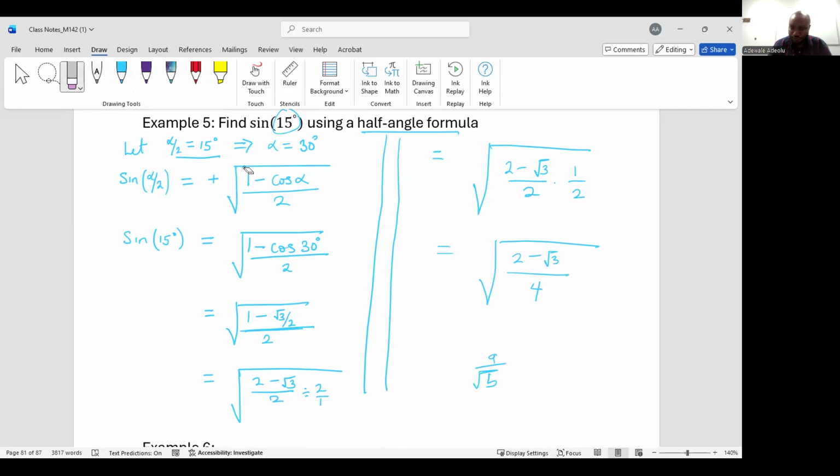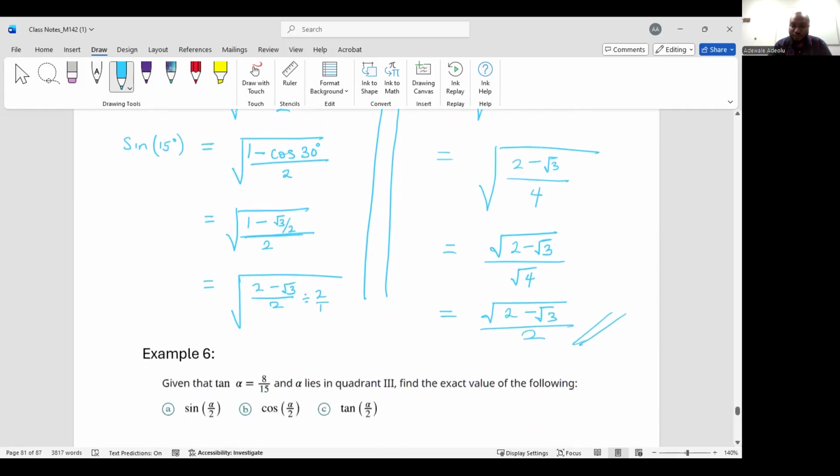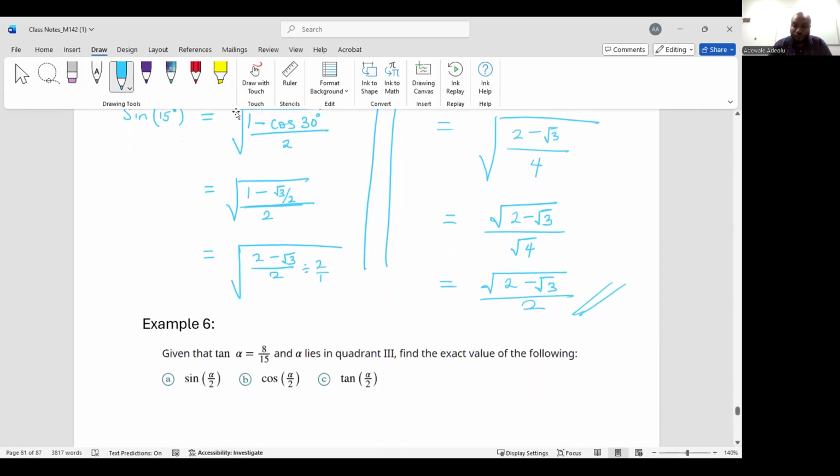So I can say this is square root of 2 minus root 3 divided by square root of 4. And that is square root of 2 minus root 3 divided by 2. And I will leave it that way. So that is our answer. If you find sine of 15 using your calculator and you evaluate these results, they will be the same thing.